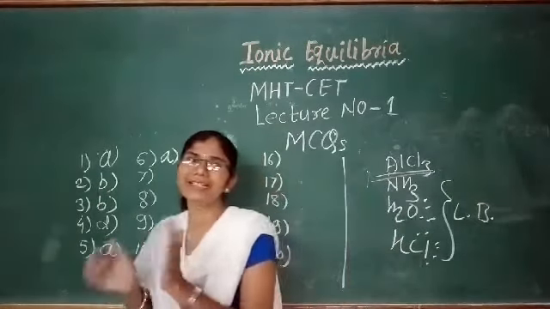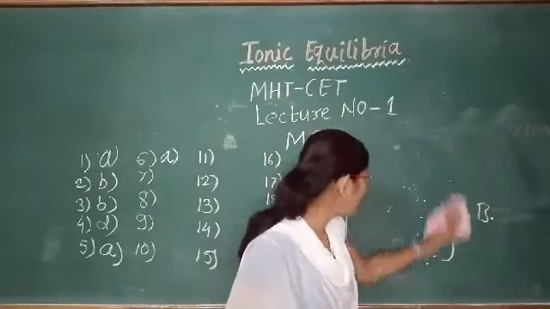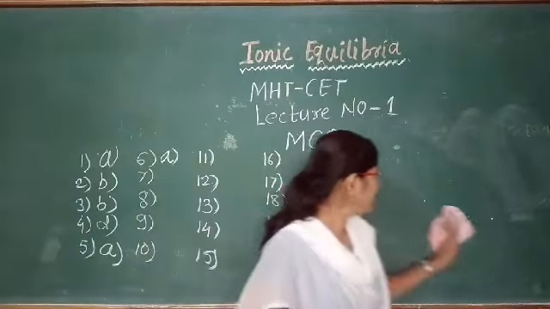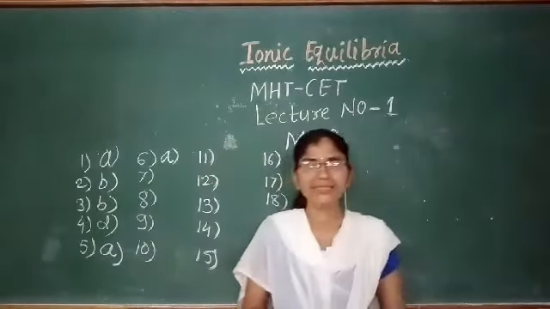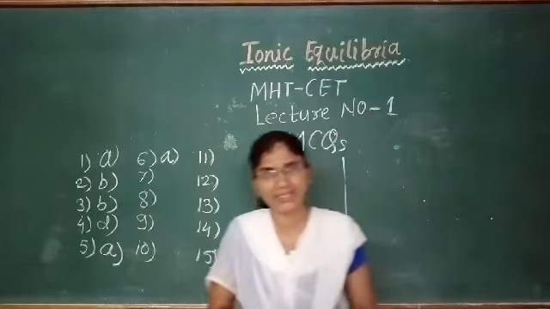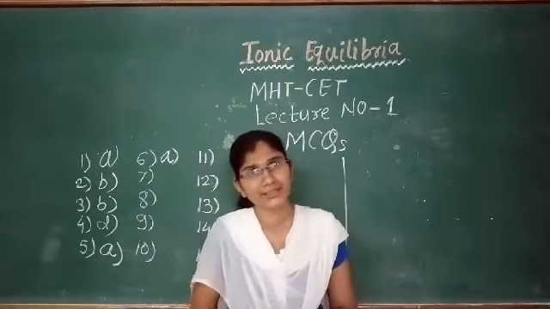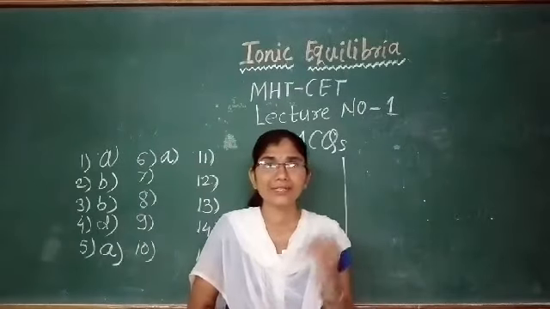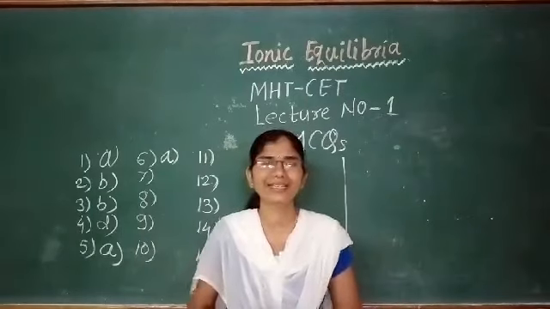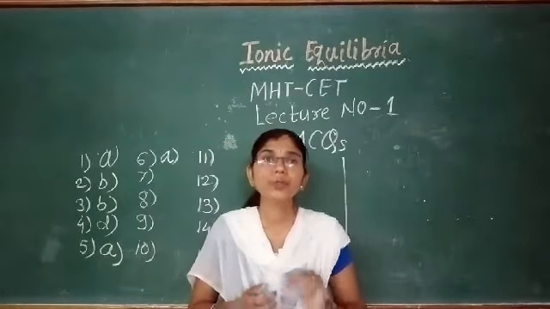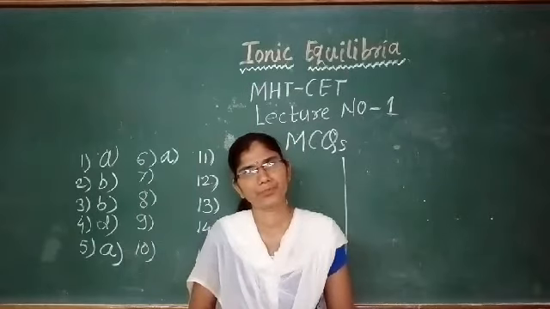All nucleophiles are Lewis bases. From your previous year knowledge, if we see electrophiles and nucleophiles in part 2 of chemistry, the electrophiles are electron deficient. Electron deficient means they accept electrons to complete the octet, and nucleophiles are electron rich species.